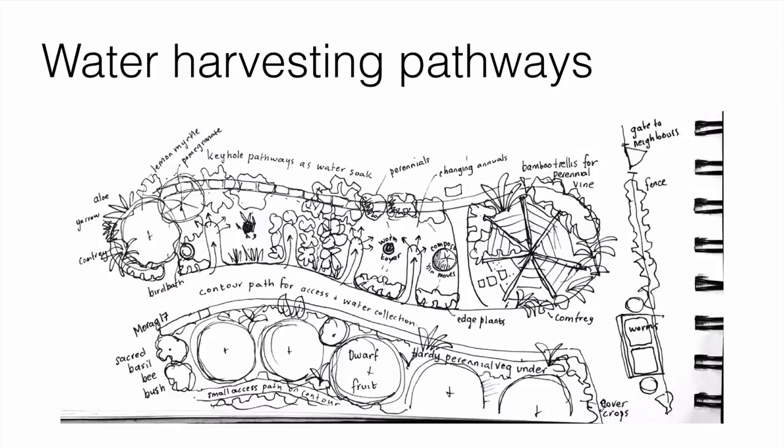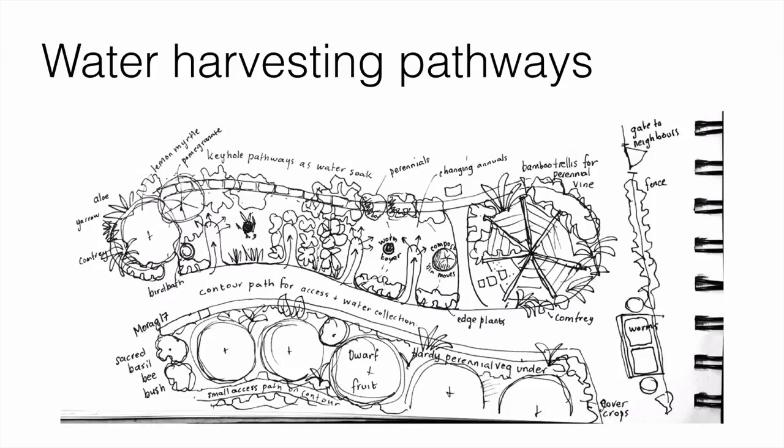Now this is the bird's eye view of what I just showed you before, and why I wanted to show you this was because using pathways is a really important way of maximising the amount of space that you have for the garden, and also maximising the way that you can collect water that falls on your garden and sending it into the garden itself.